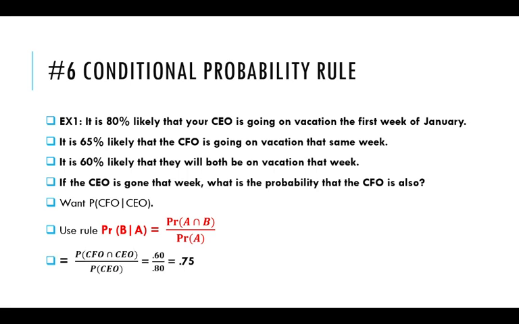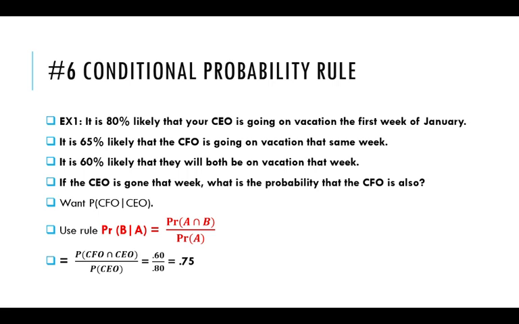So, what's the probability that CFO and CEO are gone? That's the numerator. So let's focus on the numerator, right? The intersection. The probability that both are gone is 0.6. That's our numerator. The denominator is the probability that just the CEO is gone, 0.8.